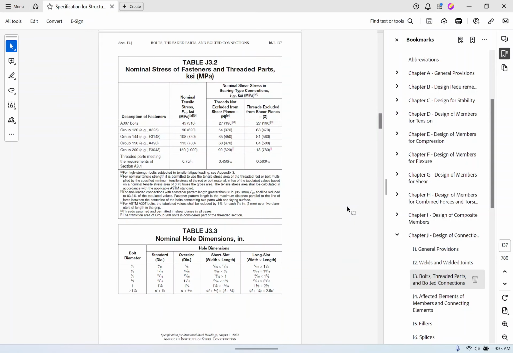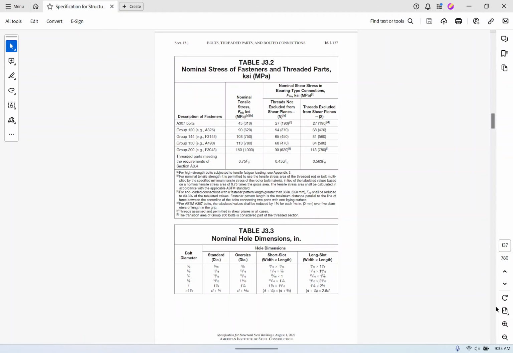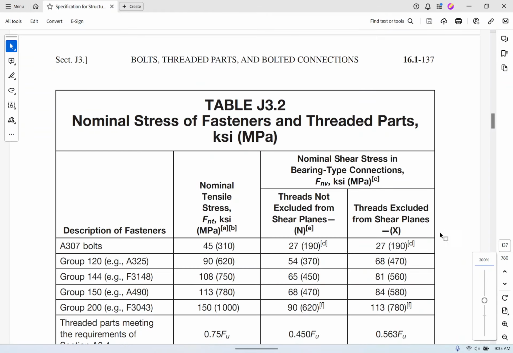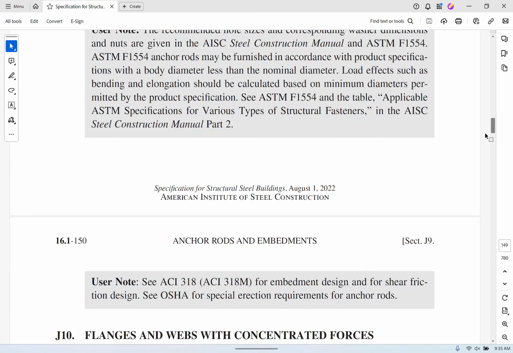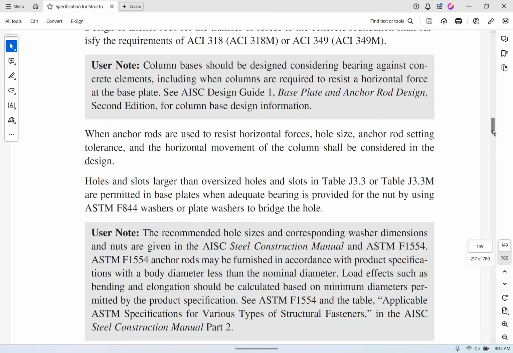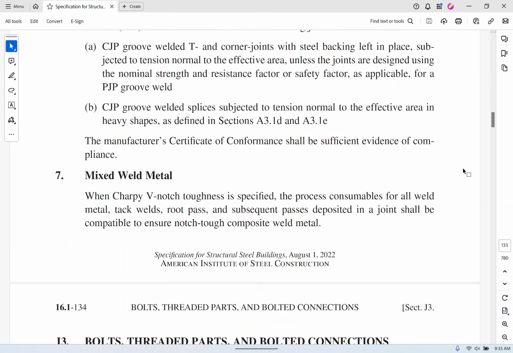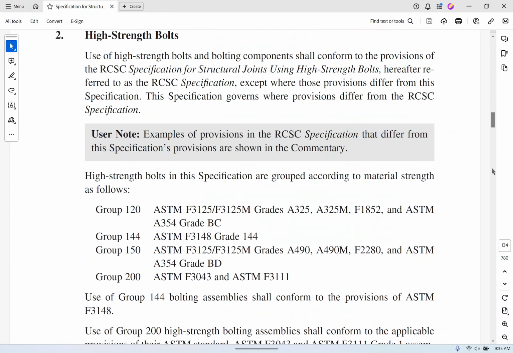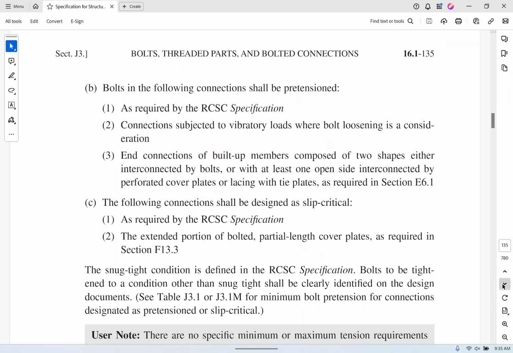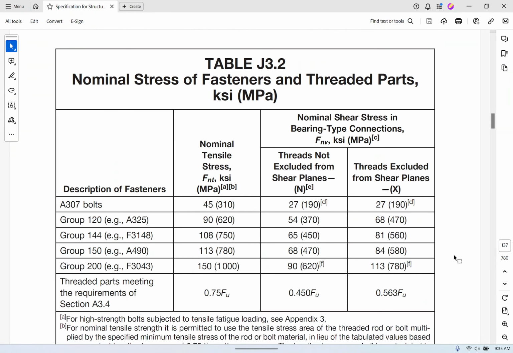Sorry, 137. Okay, here we go. So this is 16.1-137.